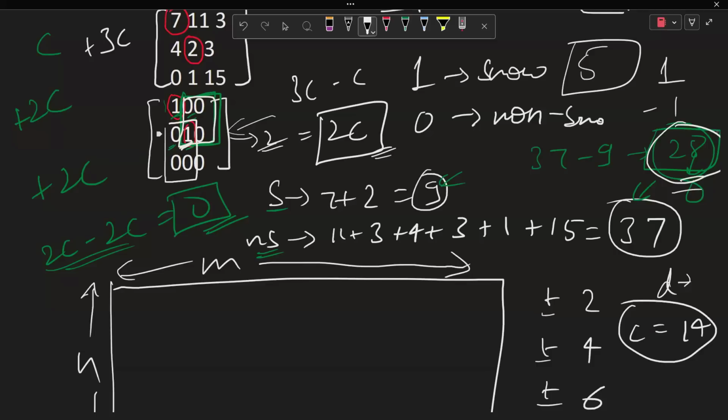In this submatrix, there were 3 non-snowy, 1 snowy. The difference between them is 2. So 3 minus 1 is 2. So in multiples of 2, we can make the changes. If you do plus 1, you get plus 3 to snowy and plus 1 to non-snowy, a difference of 2. Plus 2 means plus 6 to snowy, plus 2 to non-snowy, a difference of 4.